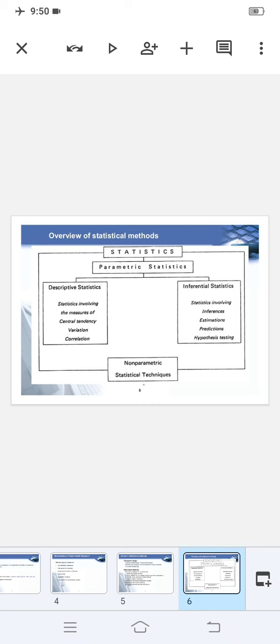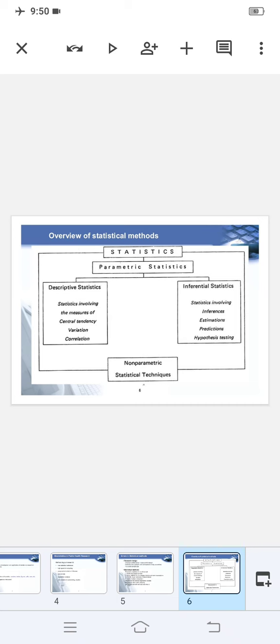When we come to the classification, what is meant by descriptive statistics? When we are measuring central tendency, variation, correlation types of parameters, we are having a proper description of any test, so it comes under descriptive statistics. And what is inferential statistics?